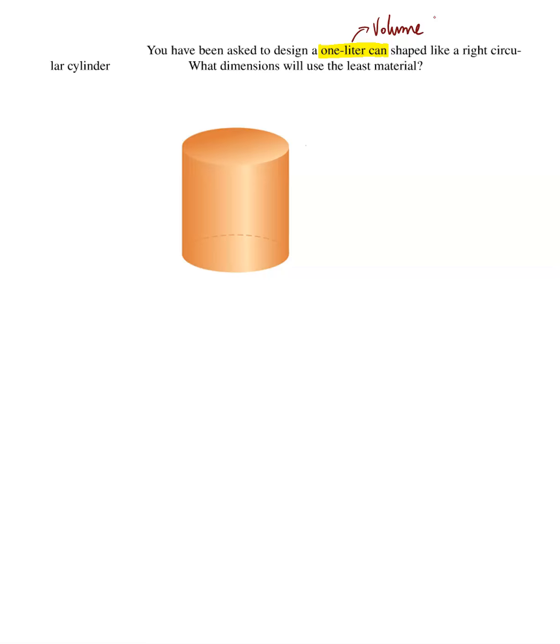So when we're talking about the volume, then we need to consider the volume of this can. The volume of a cylinder is pi r squared h, where r is the radius, and here we have 1 liter.